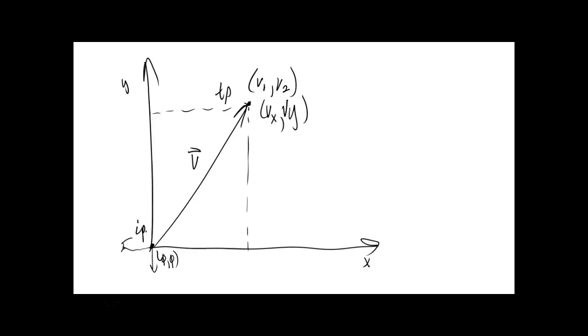He uses parentheses. So the vector v in component notation looks just like the point p, the terminal point p, in ordered pair notation. Exactly the same.